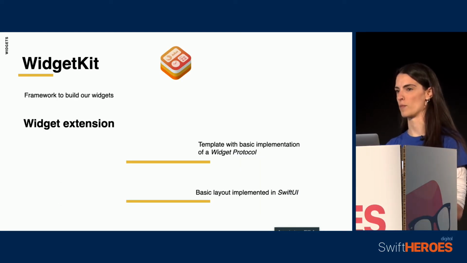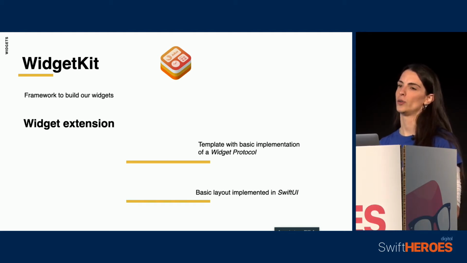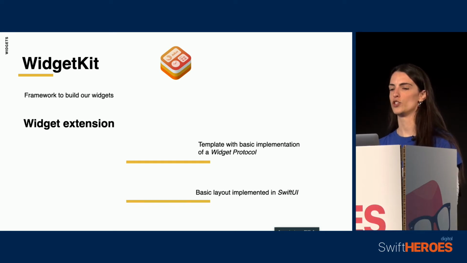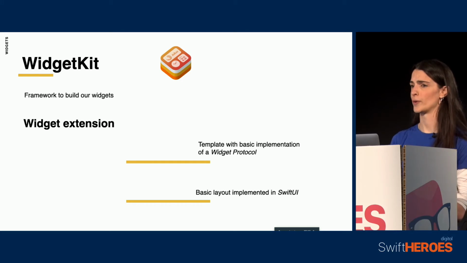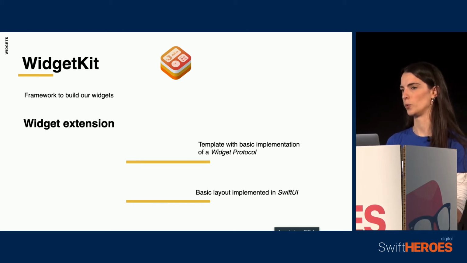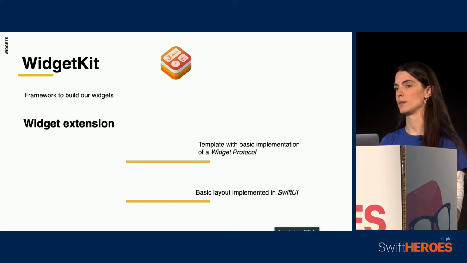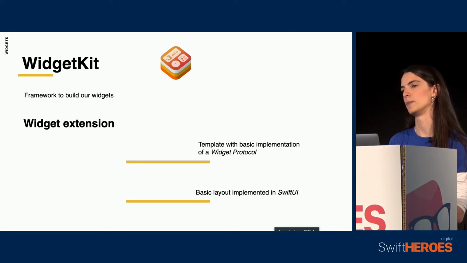WidgetKit is the framework that allows us to build our widget for all three platforms. So all you need to do is add the widget extension in your host application, and this will create a basic template with the implementation of the widget protocol, and also a basic implementation of the UI that is implemented in SwiftUI, of course.